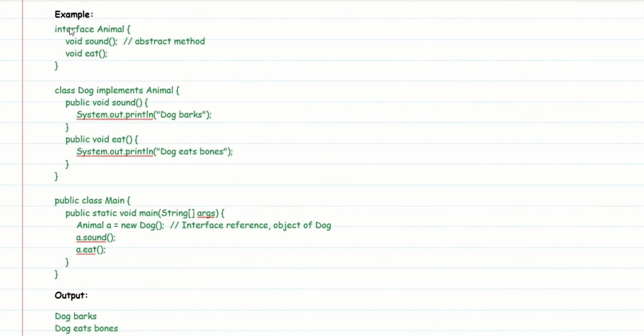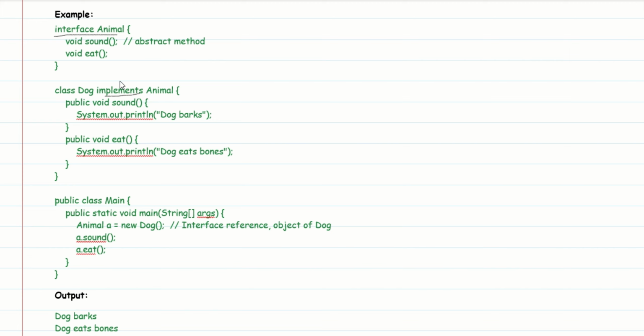Here's a simple example. I have an interface here called Animal, and it has methods like sound and eat. I'm implementing this interface using the implements keyword. If we are inheriting a class, we use extends, and if you are inheriting an interface, we have to use the implements keyword.